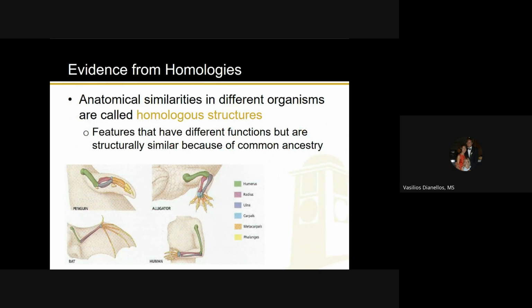So anatomical similarities in different organisms are called homologous structures. So yes, like I'm trying to remind you, we're talking about homologies, but under that term homologies, we have subcategories. So far, what we've been talking about, even though those are homologies, we also consider them homologous structures. So we're specifically talking about anatomical similarities.